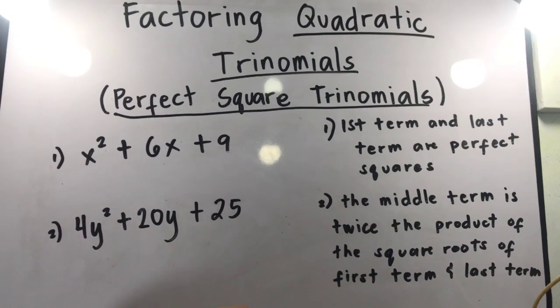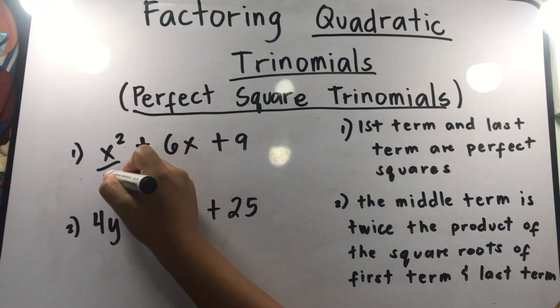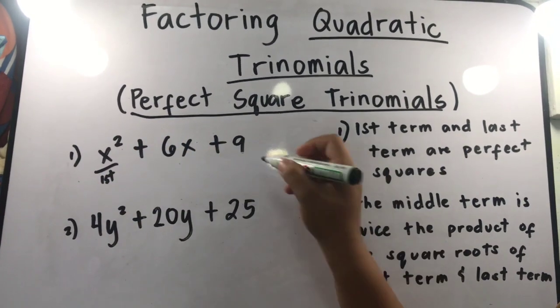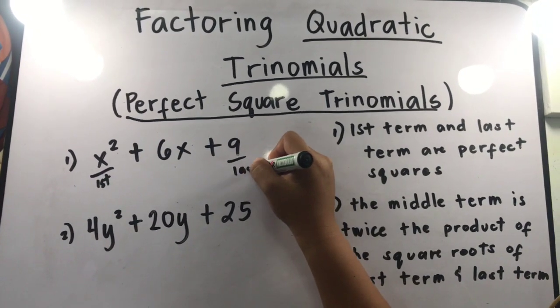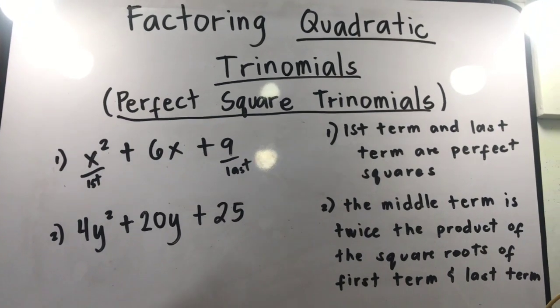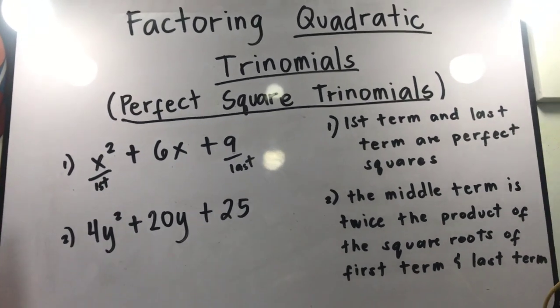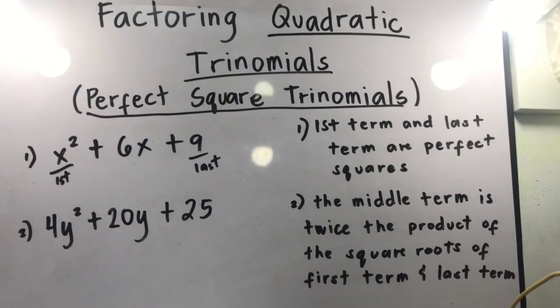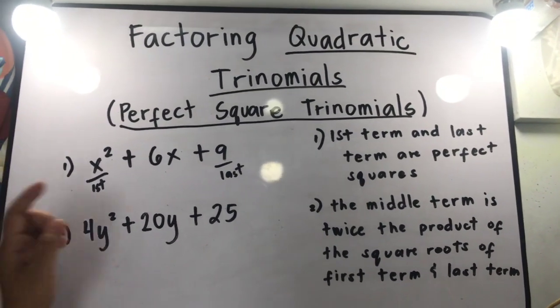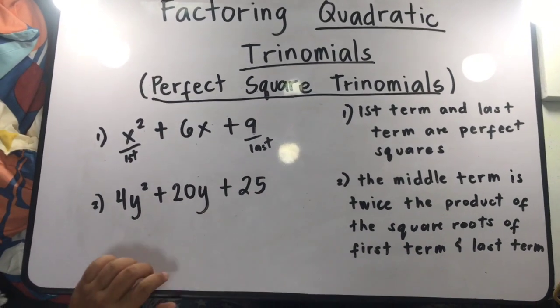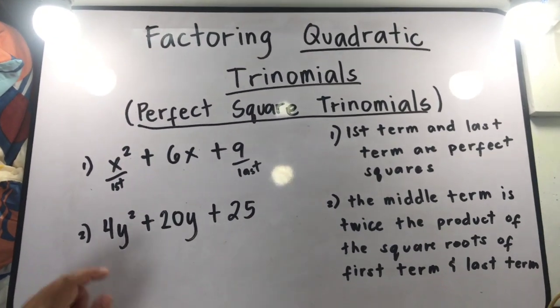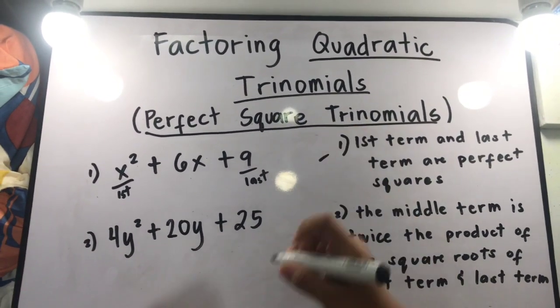So dito, our first term is x squared. Then our last term is 9. Check natin. X squared is a perfect square, right? Because the exponent of the variable is an even number. And obviously, 9 is also a perfect square. So it satisfies the first condition.